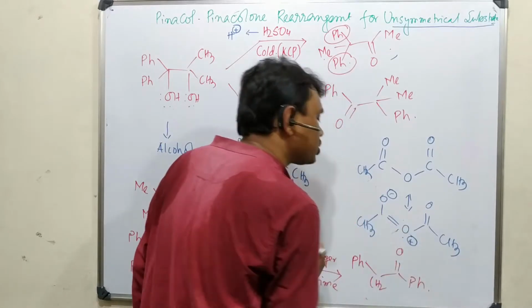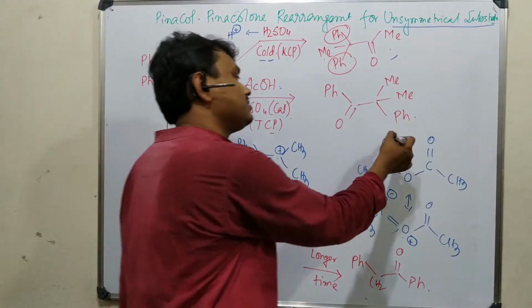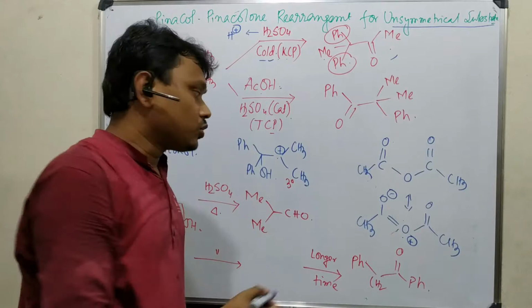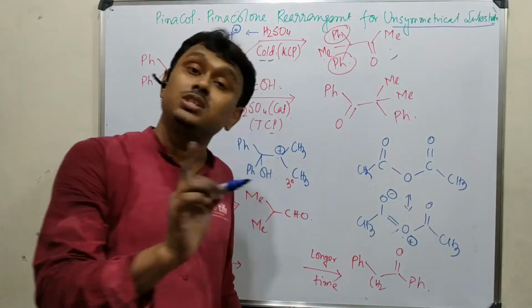The conclusion is that the electron density on this oxygen is more, so the protonation probability on this oxygen is more.